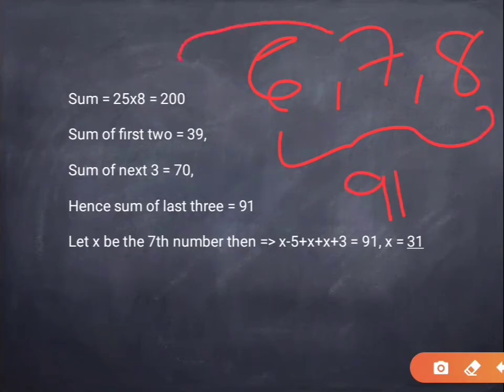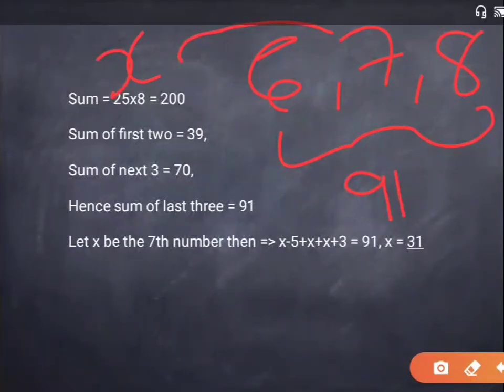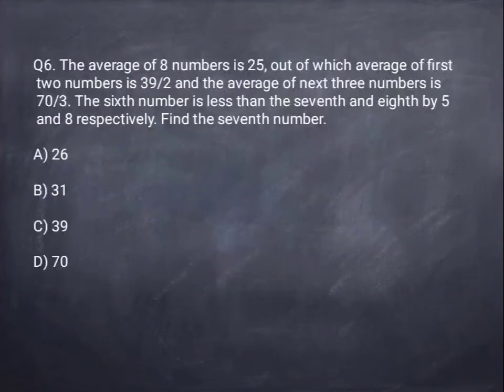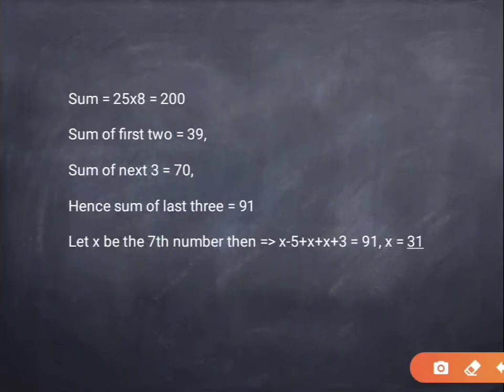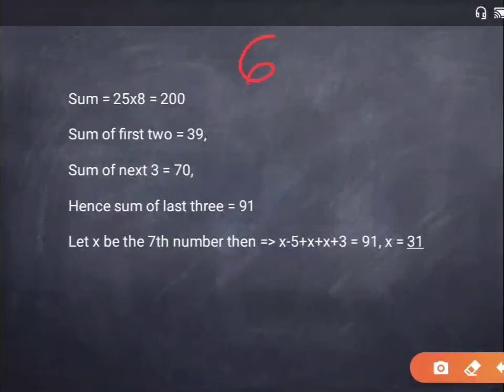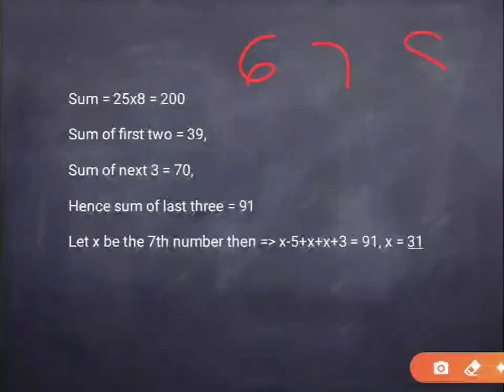And let's take 7th number as x. Then what is said in the question? The 6th number is less than the 7th and 8th by 5 and 8 respectively.